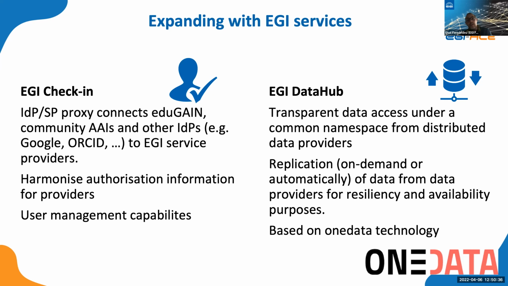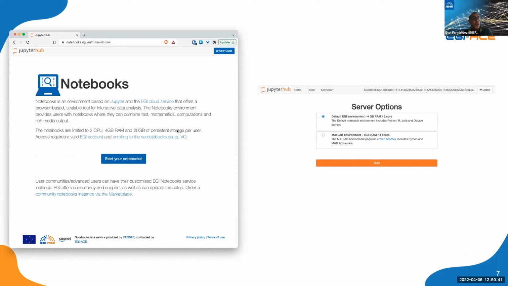So with all of this, we put together what we call the EGI Notebook service. This is a JupyterHub where you can log in with Check-in, and you will have your environment for running your things. We have two main server options, but we can talk about customizing this. A default environment with Python, R, Julia, Octave, and lots of libraries like TensorFlow or Pandas, libraries that people use for data science.